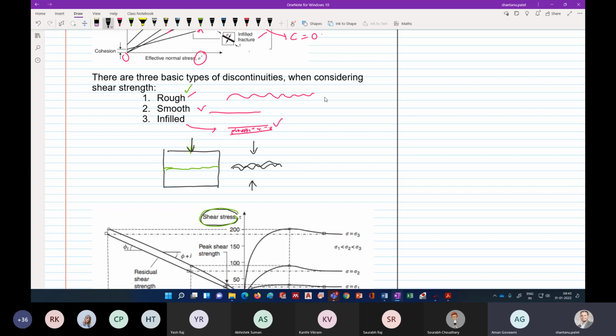Let's say you take a plane here. What is this reduction in the distance between these two planes? That is your normal displacement. Is this clear?